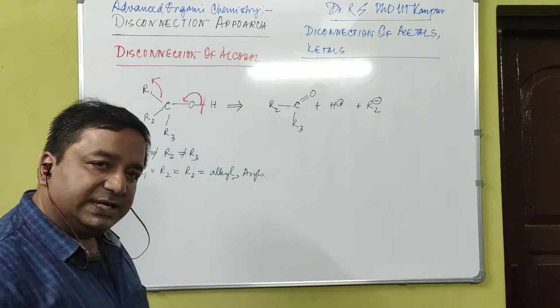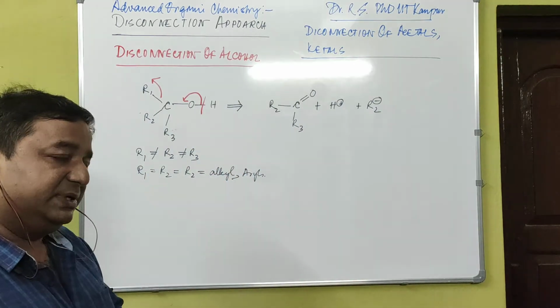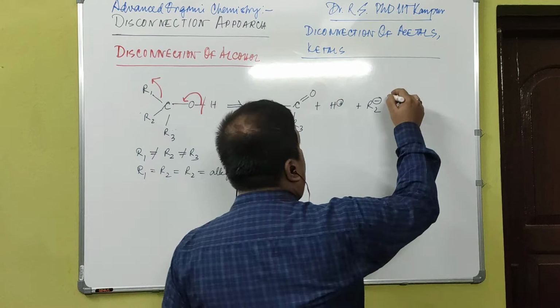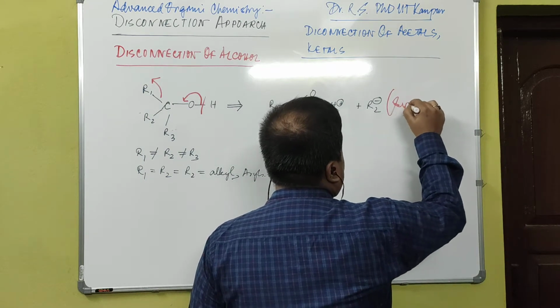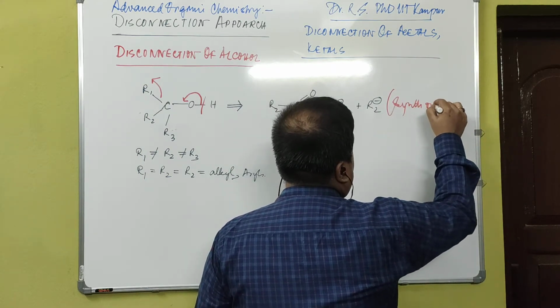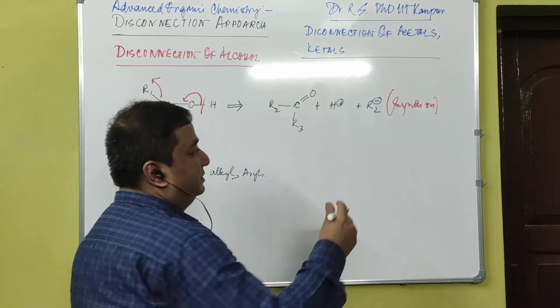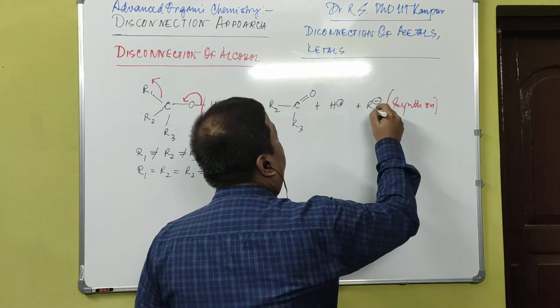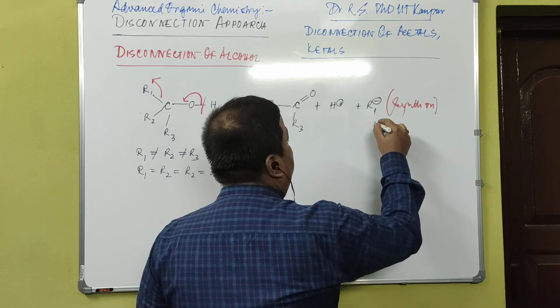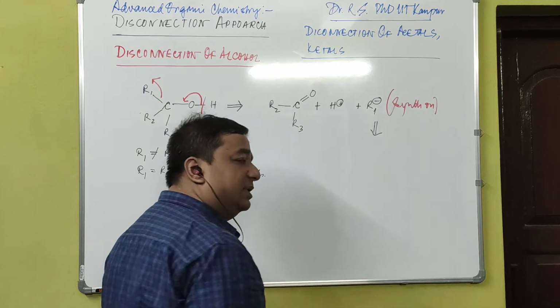Now R2 minus, according to the disconnection approach as it has been developed, will be called a synthon. Now from that synthon you have to develop your reagent.